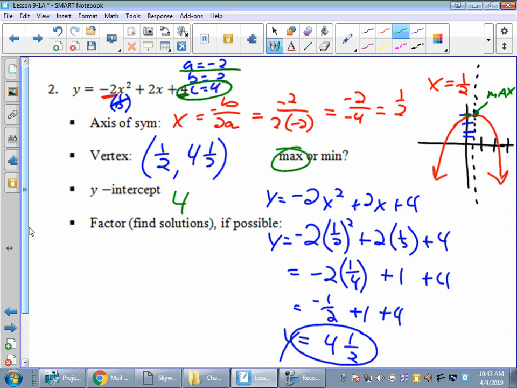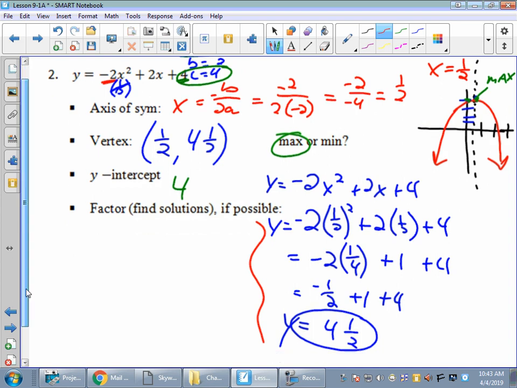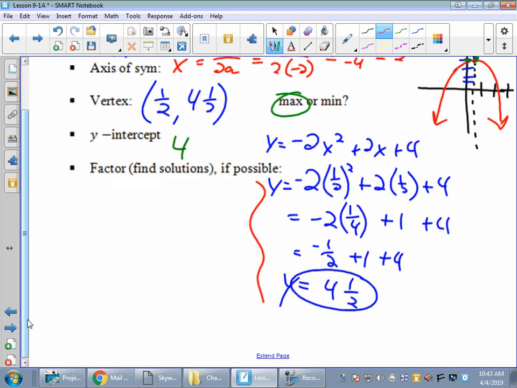And then we're going to factor this as well to see if we can get the solution. I'm going to factor it over here. So again, taking that original equation, -2x squared plus 2x plus 4, and setting it equal to 0 to solve it. And if you need to pause it and factor it, go ahead.